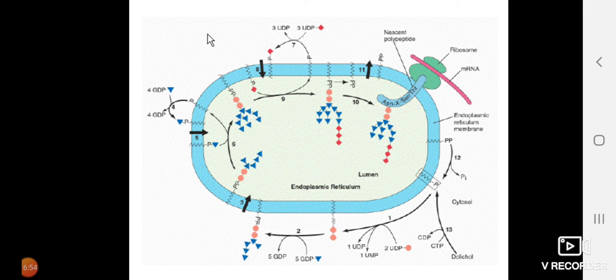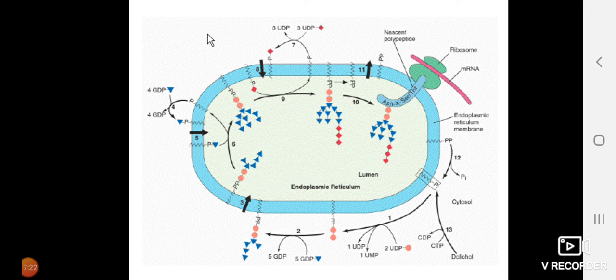Then it flips at the third step and gets into the lumen of the endoplasmic reticulum, and at the fifth step the construction continues. At the 10th step, the sugar tree is transferred onto the asparagine-X-serine or threonine, which is the conserved sequence.